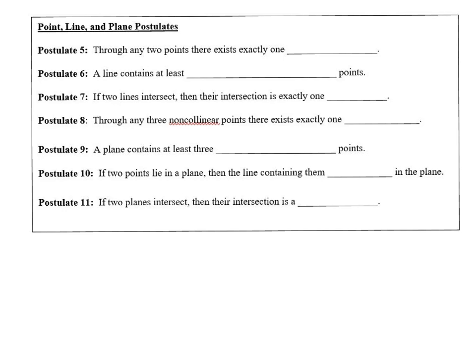And here's several point, line, and plane postulates. Remember, a postulate is a statement that is accepted without proof. We saw some of these in Unit 1. Using your knowledge from Unit 1, see if you can fill in all the blanks for these 7 different postulates. Through any 2 points, there exists exactly one line.